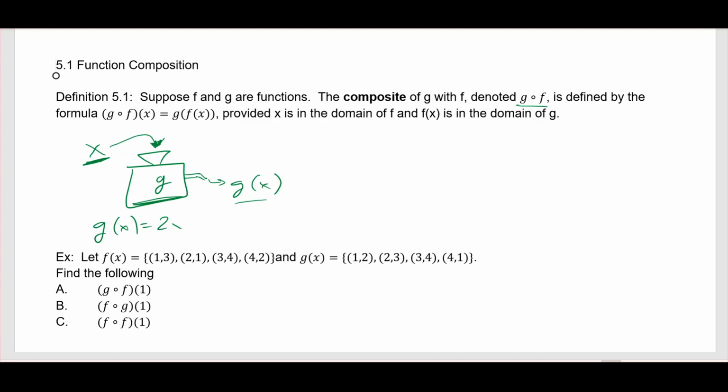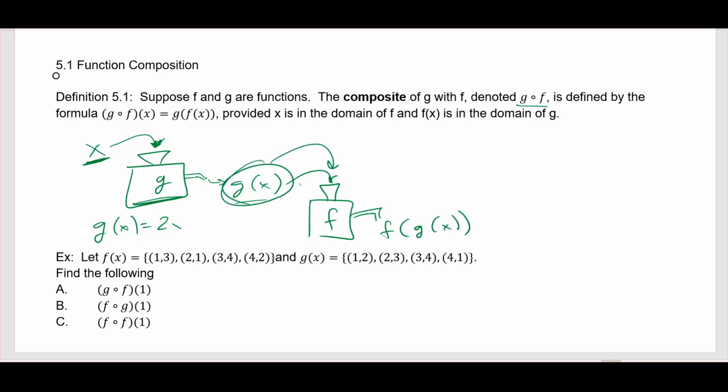Well, what a composition is here, we're going to now put this function inside of another function. So maybe there's a function f, and I'm going to put that in there. And then the output from this is going to be f of g of x, right? Because the input into the next function is a function itself. I know the notation here is a little backwards, but the idea is the same.